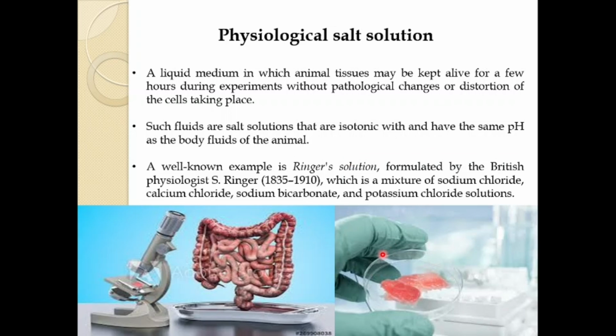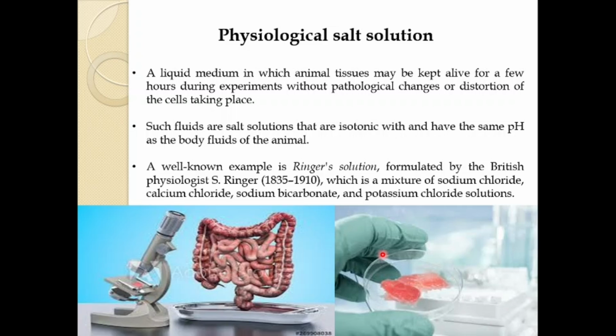So the liquid medium or fluids in which we are placing the animal tissue or muscle which you want to study outside the living or human body are known as the physiological salt solution. And why do we call these liquids a physiological salt solution? Because these liquid media or fluids have the same physiology as the fluids inside the living body.